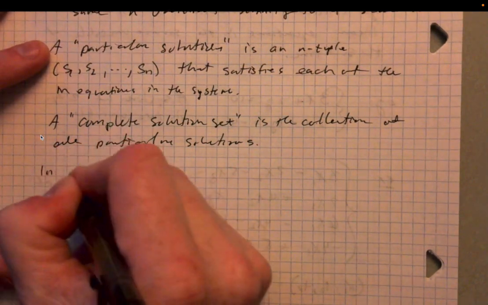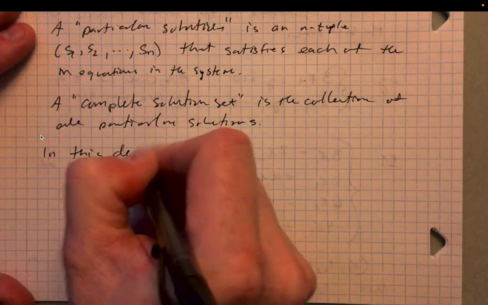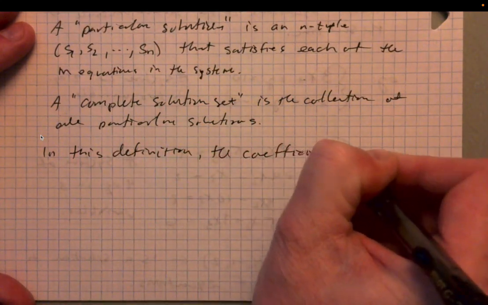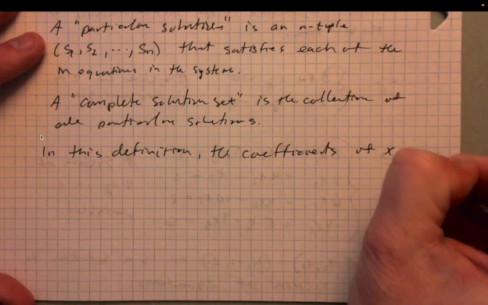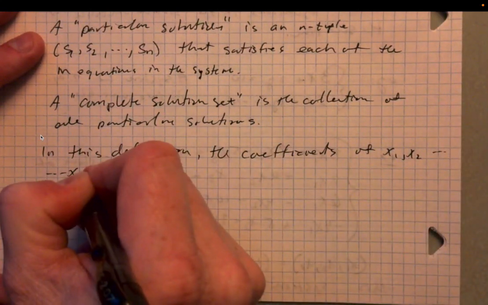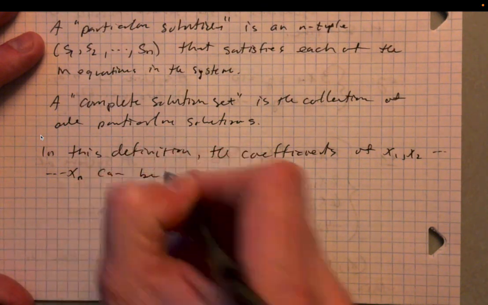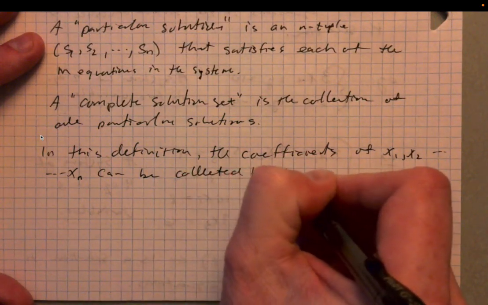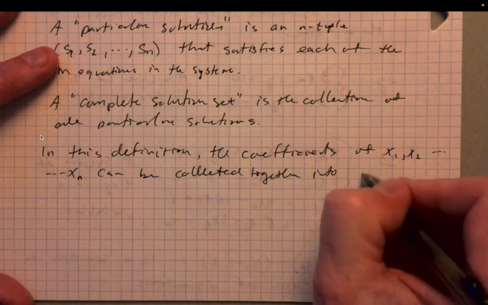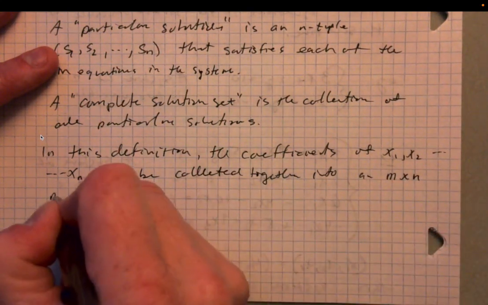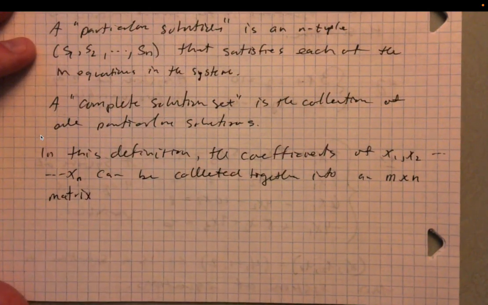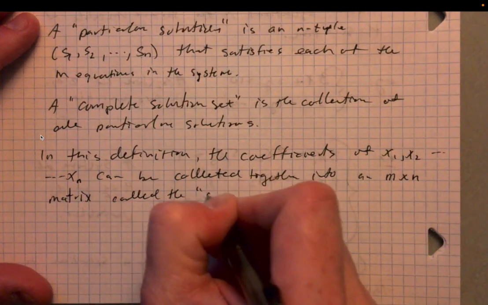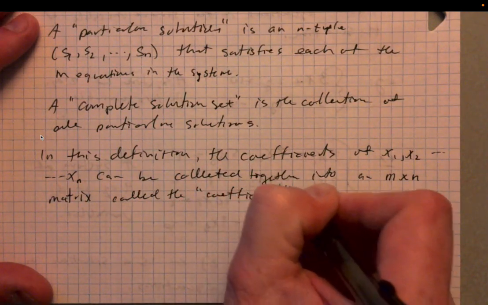In this definition, the coefficients of x1, x2, dot, dot, dot, xn can be collected together into an m by n matrix called the coefficient matrix.